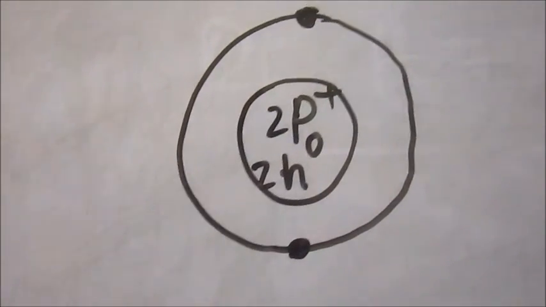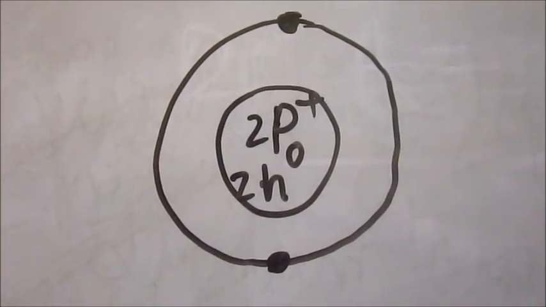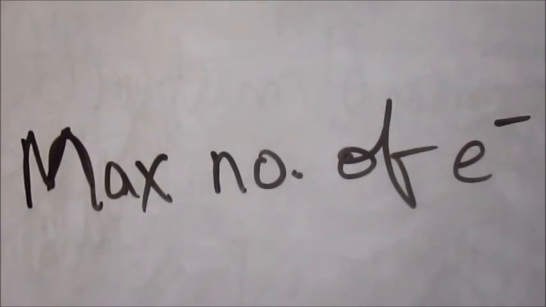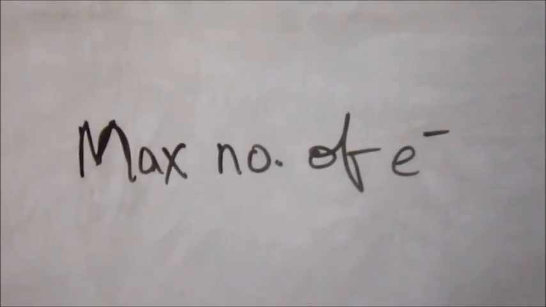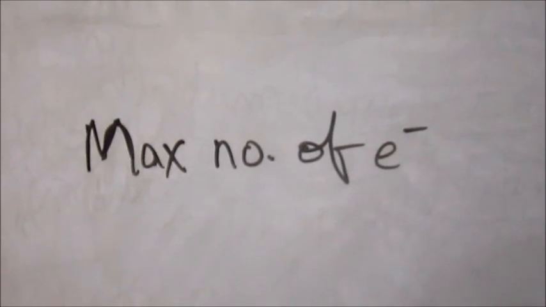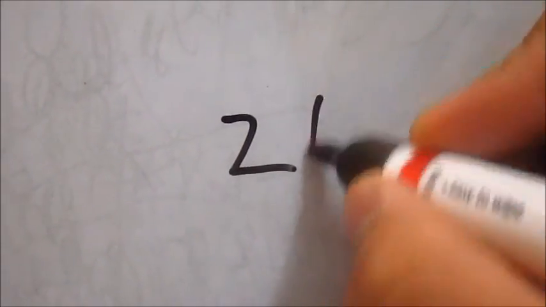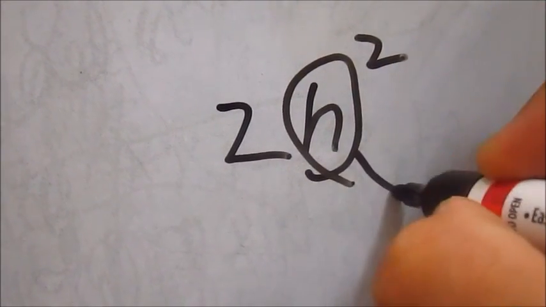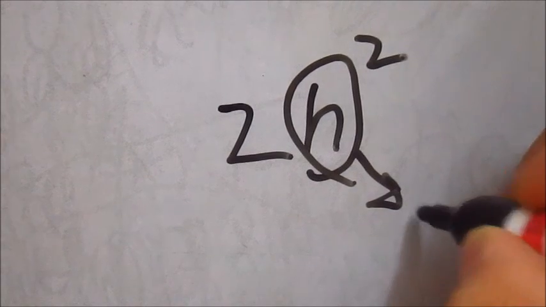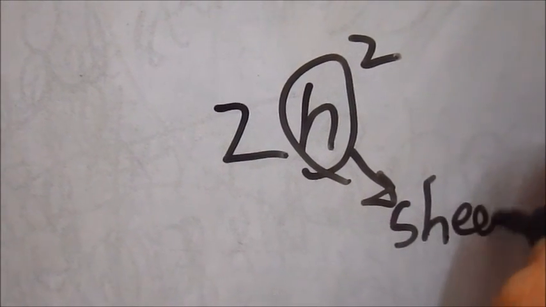This scheme is pretty simple. Basically, it helps to easily find out the maximum number of electrons in each shell. The formula 2n squared is used, where n is the number of the shell.